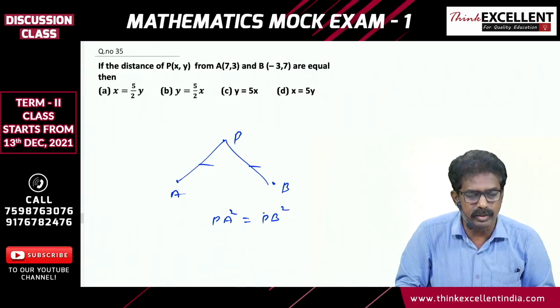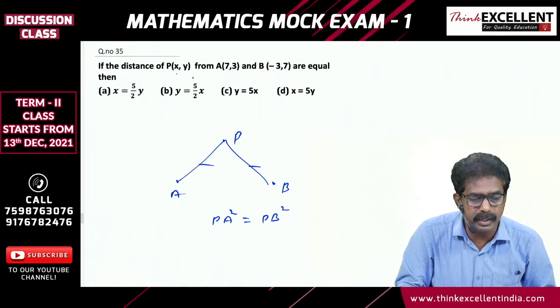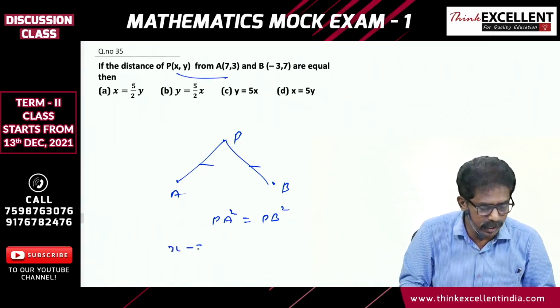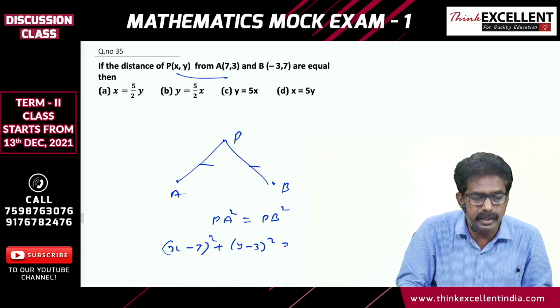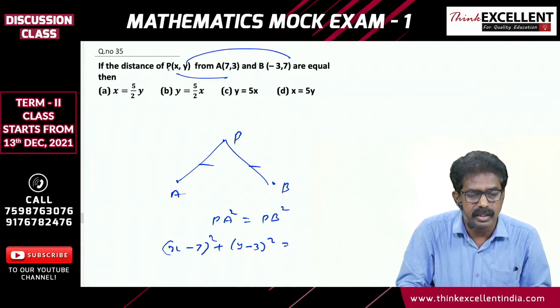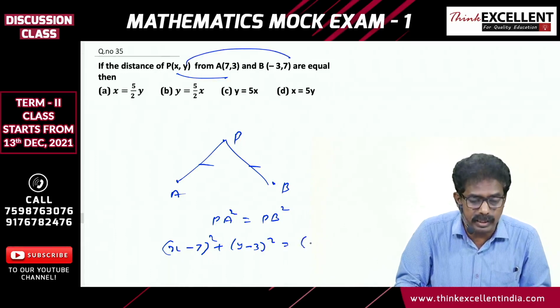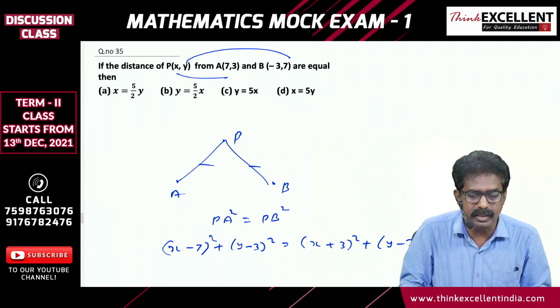PA square is equal to PB square. PA square is x minus 7 the whole square plus y minus 3 the whole square, equal to PB square, which is x plus 3 the whole square plus y minus 7 the whole square.